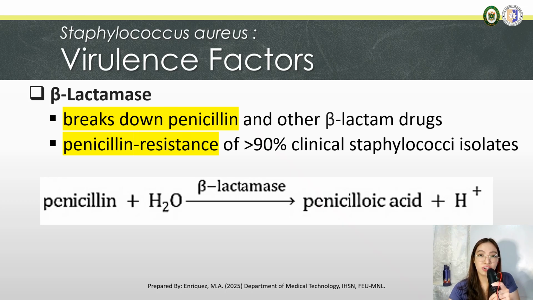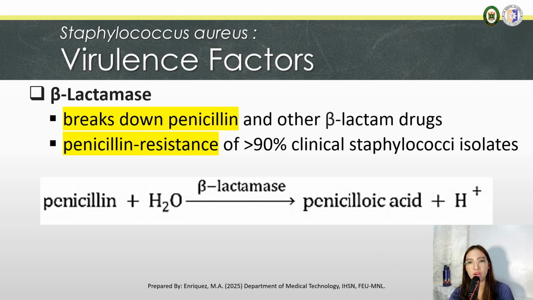The next virulence factor contributes to antimicrobial resistance. Strains of Staphylococcus aureus that can produce beta lactamase account for about 90% or greater than 90% of all isolates that have shown resistance to penicillin and other beta lactam drugs. Okay, so the mode of action of beta lactamase is to break down penicillin, as we can see here in this reaction.